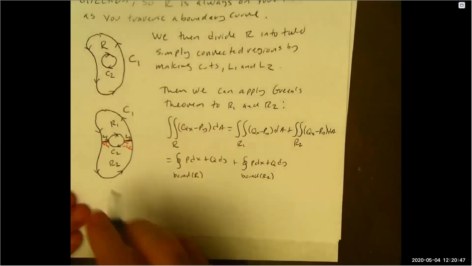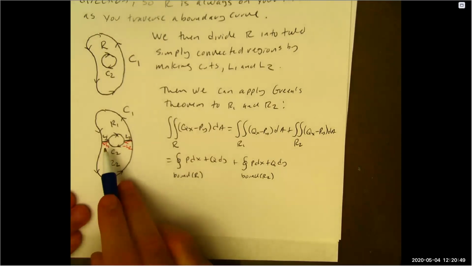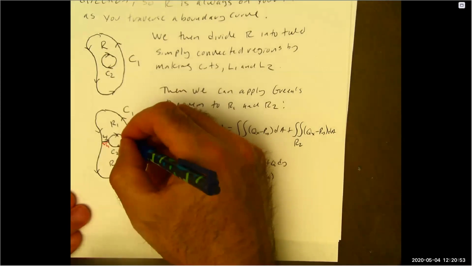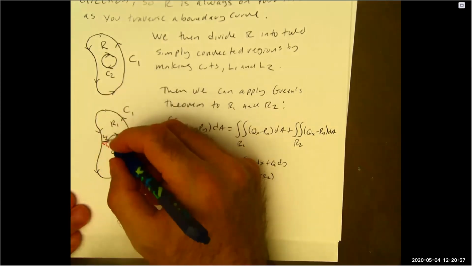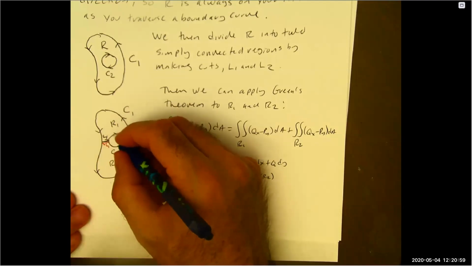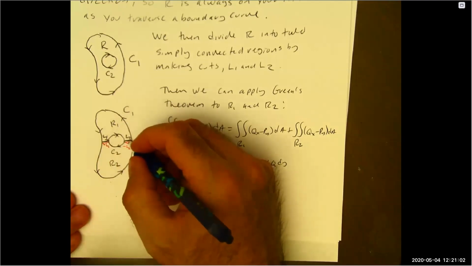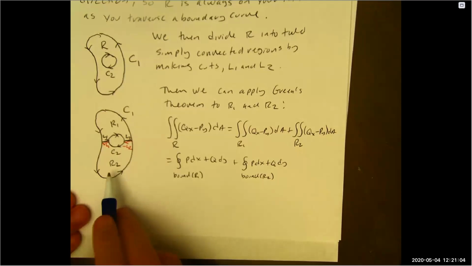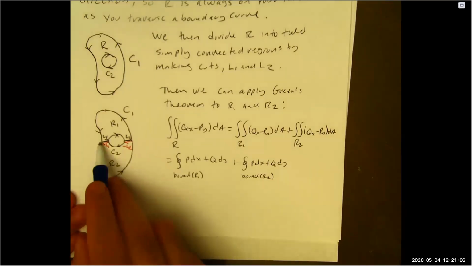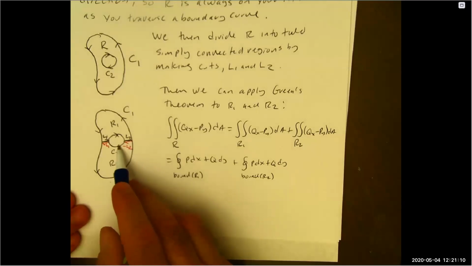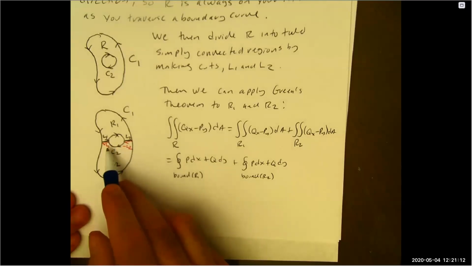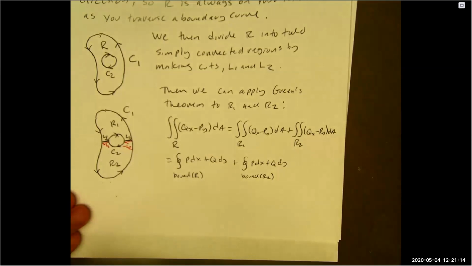For example, the boundary of R1, we would have this top part of C1 followed by L1, followed by this top part of C2, followed by L2. The boundary of R2 is going to be this lower part of C2, and then negative L2, the lower part of C2, negative L1, and there you have it.